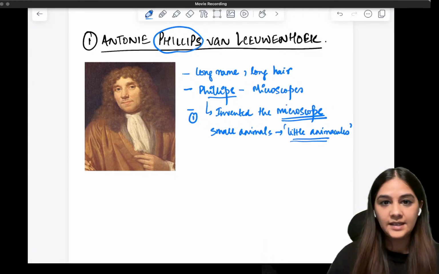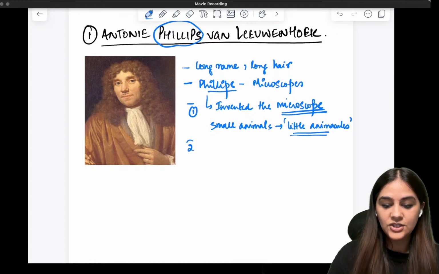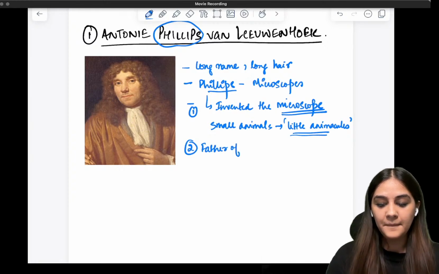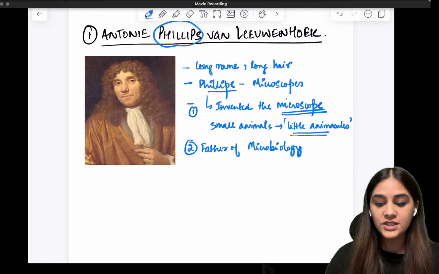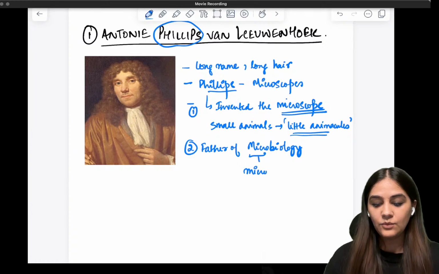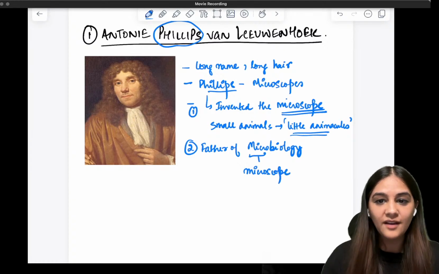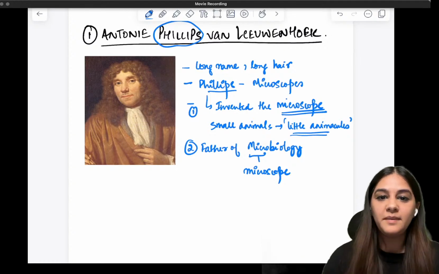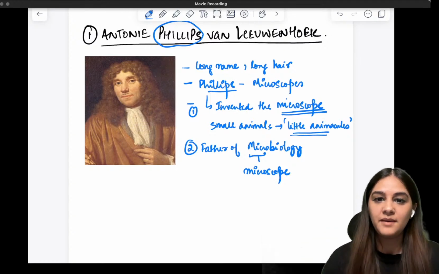The next achievement of his is that he's known as the father of microbiology. Why is he known as the father of microbiology? Because he invented the microscope. Without the microscope, there would have been no microbiology. How would we ever be able to see small pathogens without the help of a microscope?